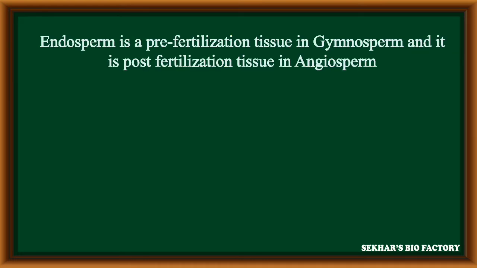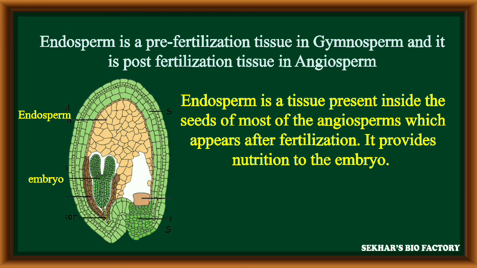Endosperm formation is generally a pre-fertilization tissue in gymnospermic plants, but in angiosperms it is a post-fertilization tissue. The endosperm tissue, which is present inside the seed in most angiosperms, appears after fertilization and then provides nutrition to the developing embryo.